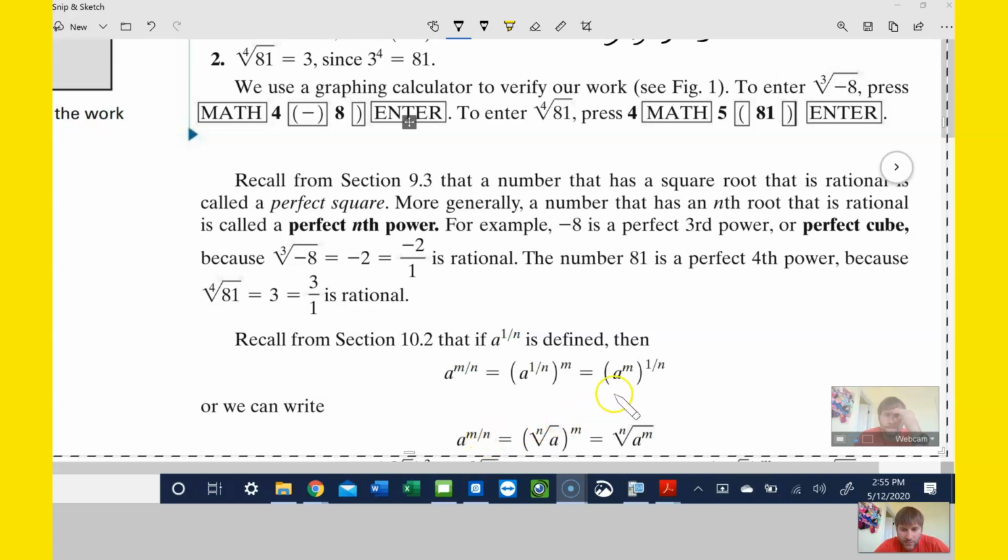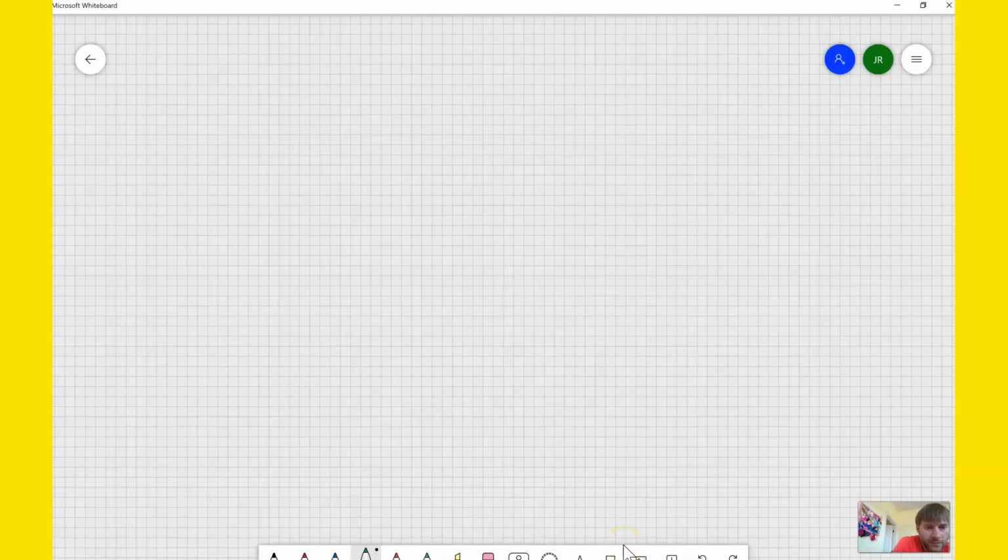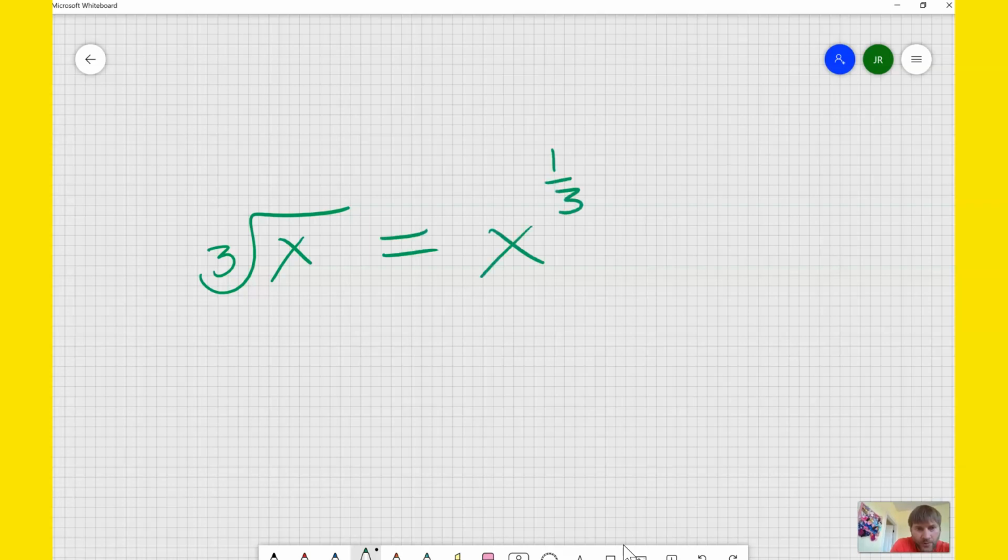Let me show you what I mean. Let's say you have the cube root of x. You can rewrite that as x to the 1/3 power. So anytime you want to rewrite it, you can just take the index and rewrite it as the denominator of the exponent.